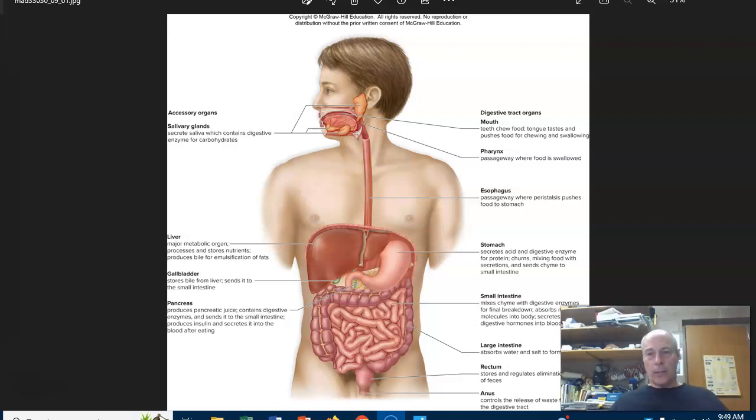So hopefully on the screen you can see the image that I started out this section on digestion with, of the human body's digestive system. We've talked quite a bit about the oral cavity here, the pharynx, tonsils, and things of that sort. The esophagus is kind of where we left off last time, and we're making our way down to the stomach.